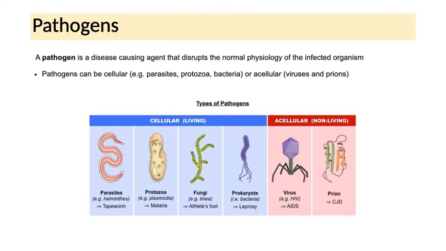And the other one, which is maybe not something you have learned in the past, is called a prion. Basically, they are very creepy. They are proteins that have been altered, so they are kind of weird, and they can replicate themselves using the mechanism of our body. We are not going to talk about prions as they are not in the IB syllabus, so you can skip that one.